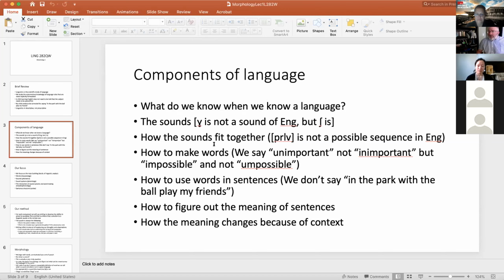Of course, we learn how to use words in sentences. So for example, not to say in the park with the ball, play my friends, but to say my friends play in the park with the ball. And then we learn how to figure out the meaning of sentences and how meaning might change because of context, which is a very dynamic and fluid approach.